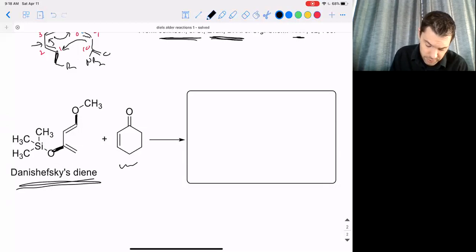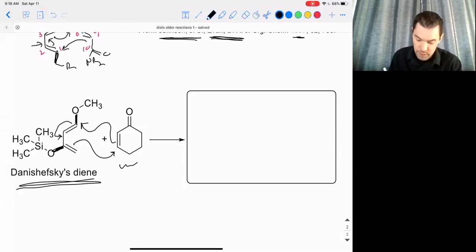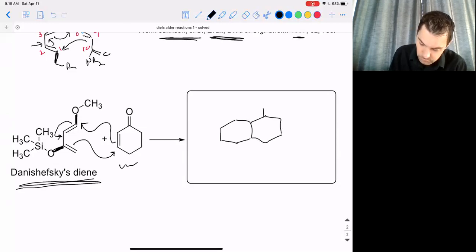And so we can just take these electrons and move them over here, and those are going to go there, and then we'll do our Diels Alder reaction this way. So we'll get this kind of a piece out, and now we have to consider the stereochemistry yet again.